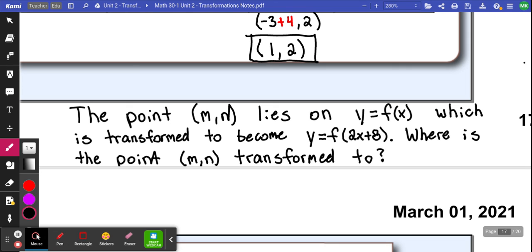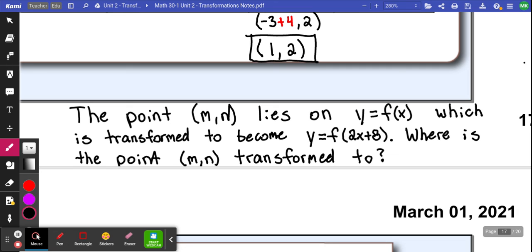That's how you could see that same question. All right, you got a point. You don't know where the point is. It's on this original function. This function changes. It's transformed to this, which is exactly what we just did. Where is m and n? Right, that's how you could see that same question.